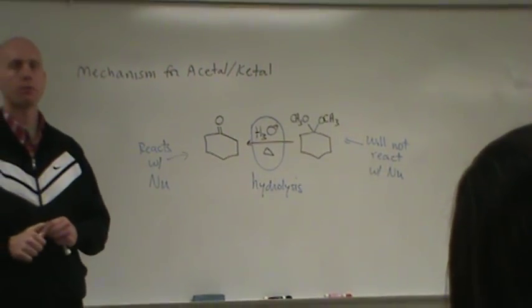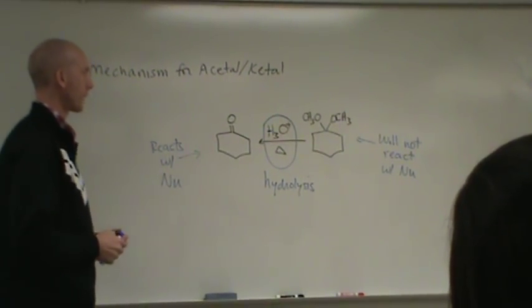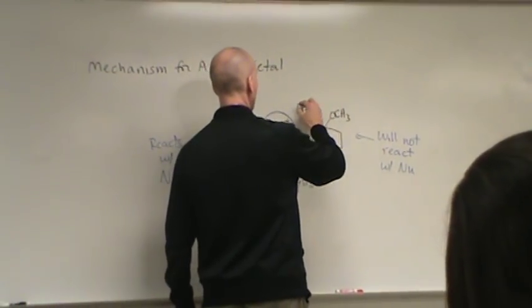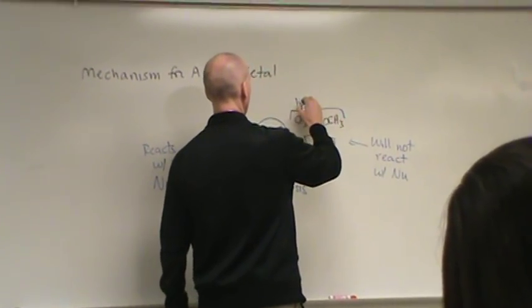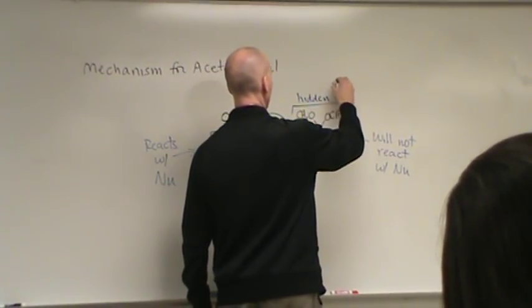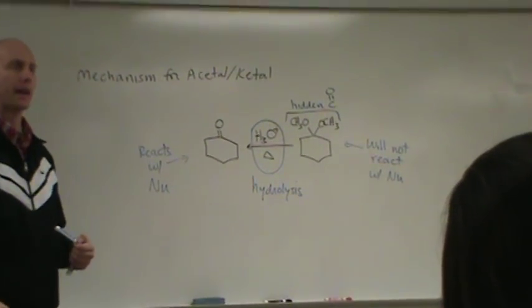So in other words, what's the purpose of showing that? The purpose is that this ketal group is what? A hidden carbonyl, isn't it? Because I can convert it back.